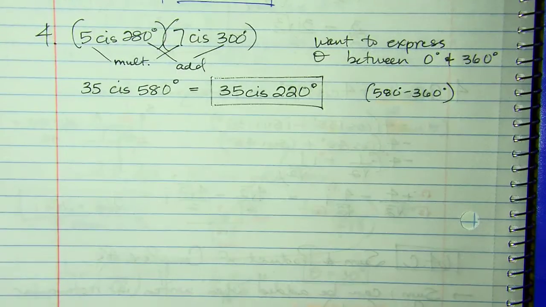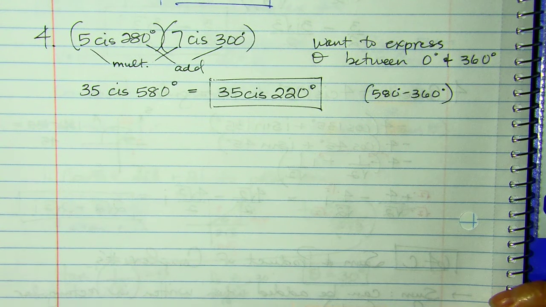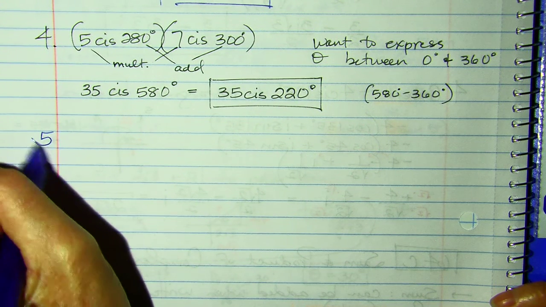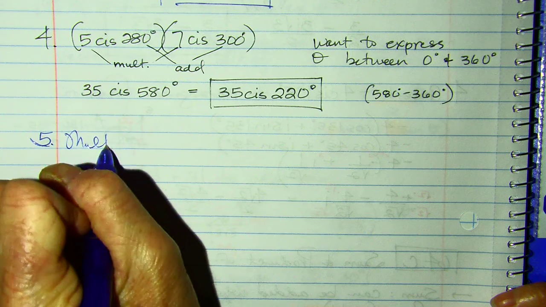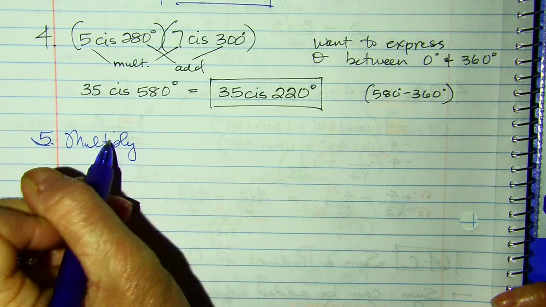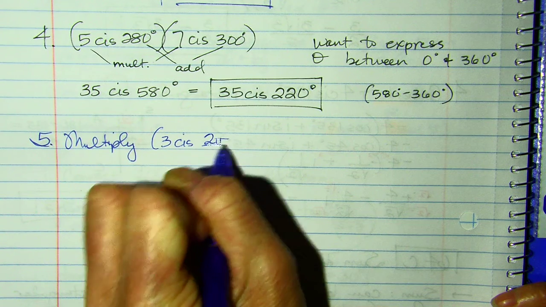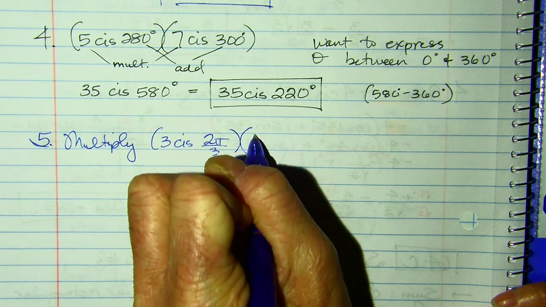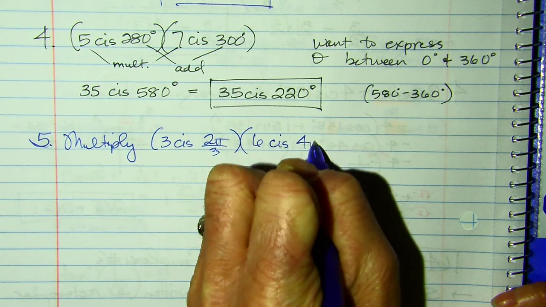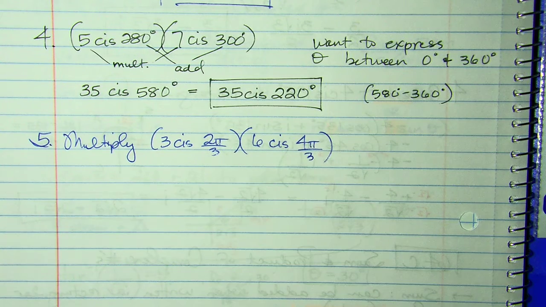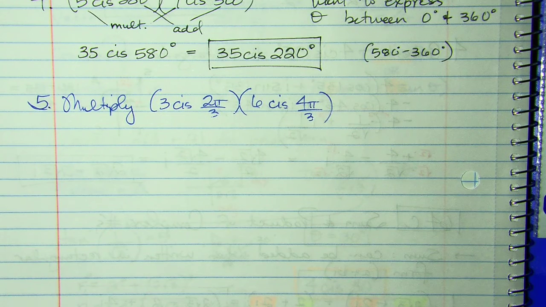All right, so moving on, if it's not in degrees. So multiply 3 cis 2 pi over 3 times 6 cis 4 pi over 3. So if you are given it in radians, don't freak out. Just simply add them.